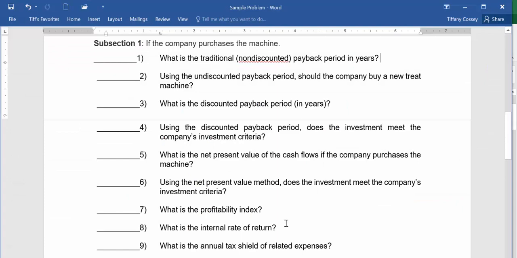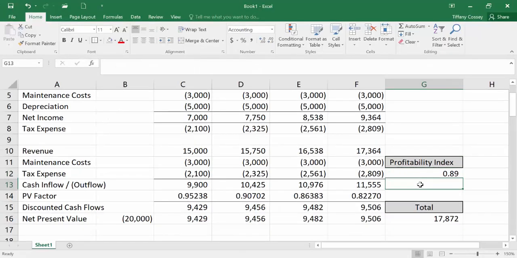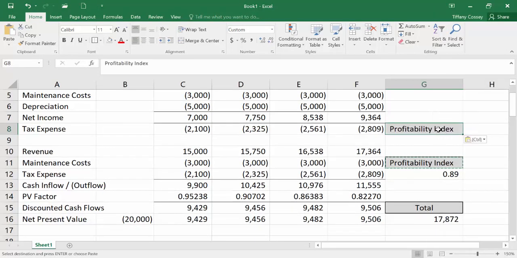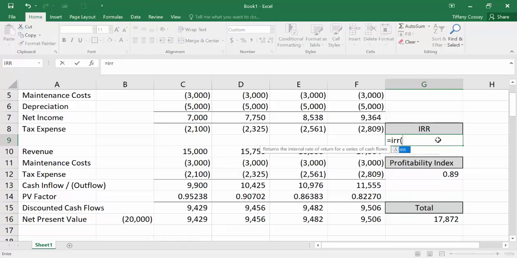Then the next question wants to know, what is the internal rate of return? The internal rate of return is going to be that formula that we learned earlier. So I'm just going to create a space for it. We really only need one cell to do that calculation. I'm going to choose IRR.